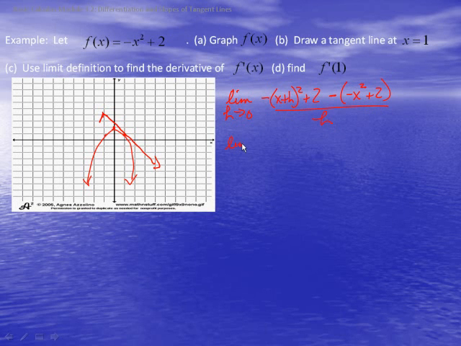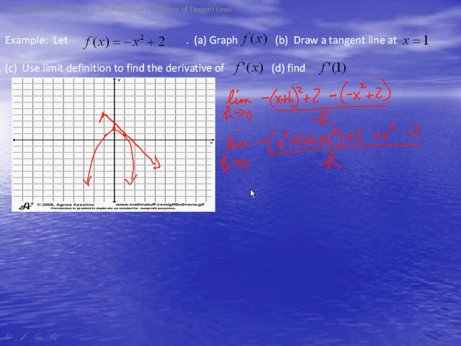I'm going to expand again, so that'll be the limit as h approaches 0 of negative (x squared plus 2xh plus h squared) plus 2 plus x squared minus 2, all over h.